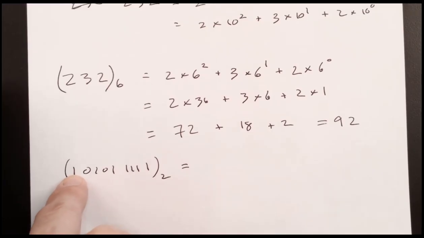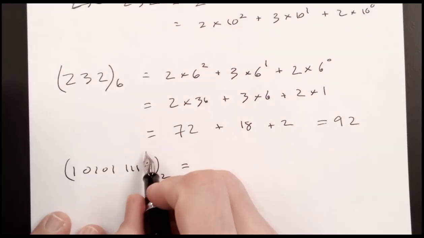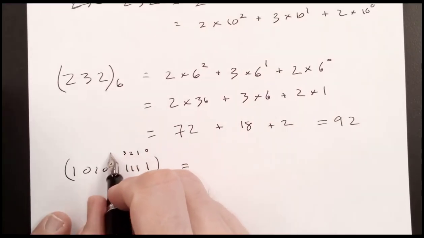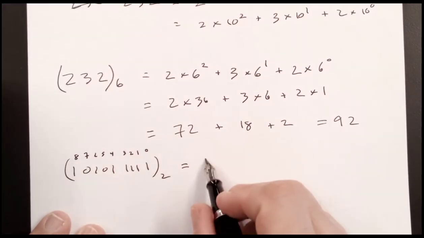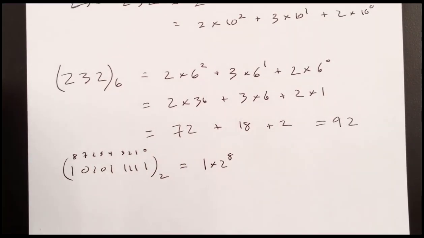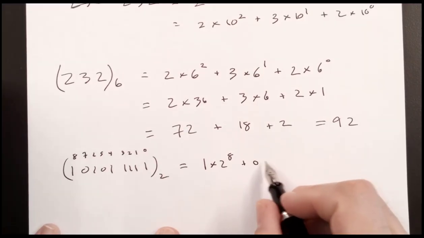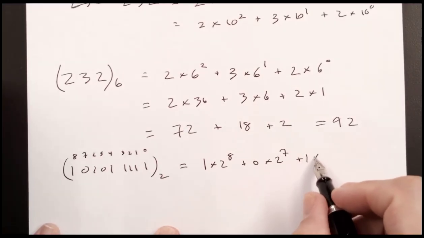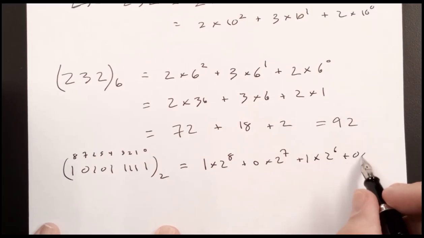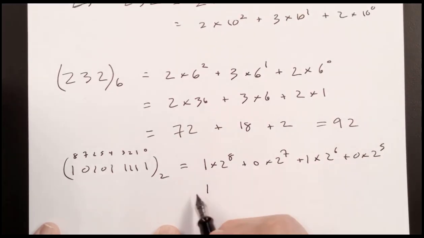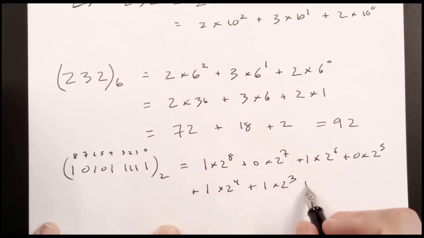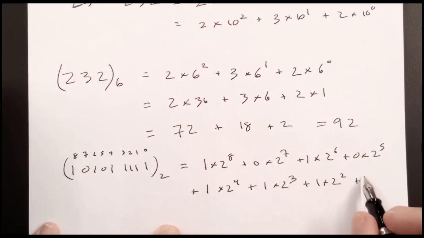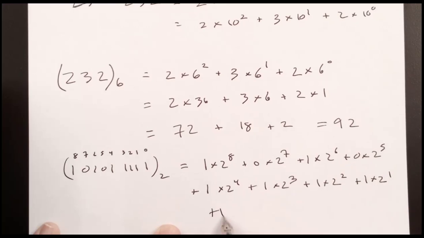This is the 8th spot. Which means it's going to start 1 times 2 to the 8th, and then 0 times 2 to the 7th, 1 times 2 to the 6th, 0 times 2 to the 5th, 1 times 2 to the 4th, 1 times 2 cubed, 1 times 2 squared, 1 times 2 to the 1st, and 1 times 2 to the 0th.